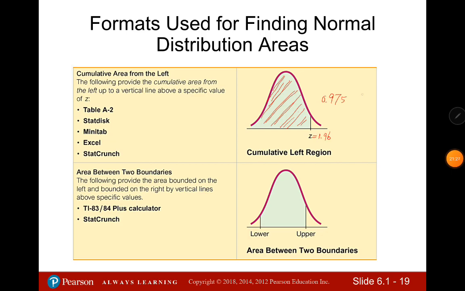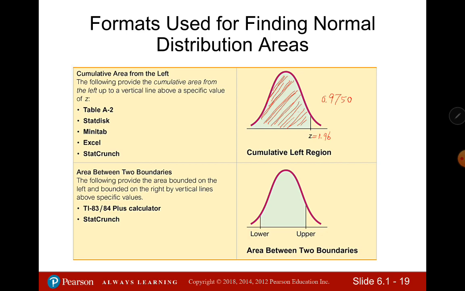Yeah, it's correct. If in your table you need to find the z-score equal to 1.696, you will find the corresponding value is 0.975, which means z here is 1.696, and the area to the left is 0.9750.